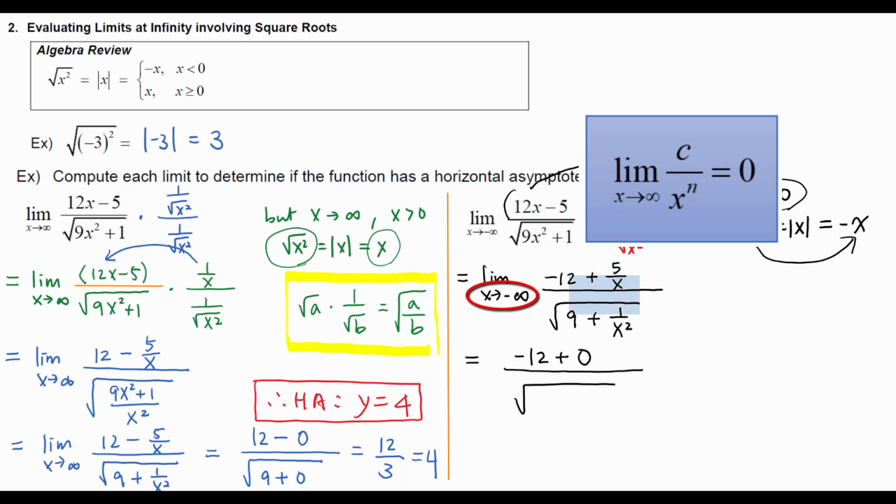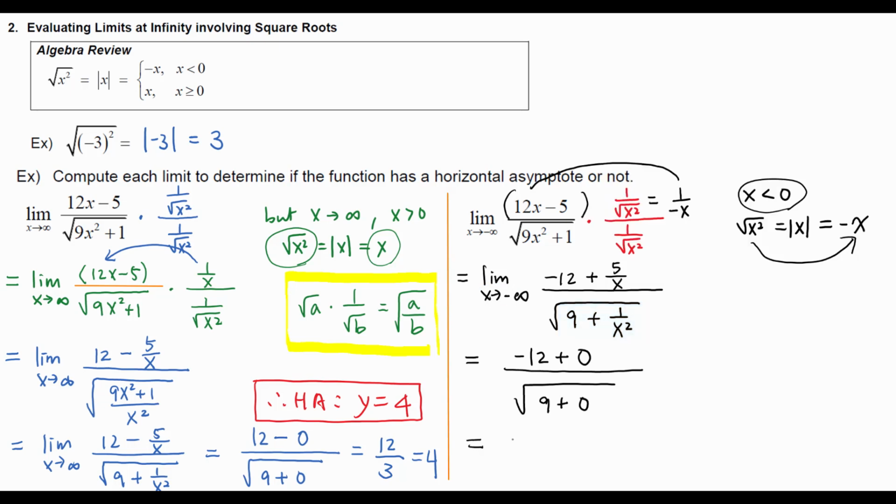And inside of a square root, as x approaches negative infinity, the square root of 9 plus 1 over x squared will go to the square root of 9 plus 0, which gives negative 12 over the square root of 9, which is 3, which is negative 4. So again, you do have another horizontal asymptote, which is y equals negative 4.